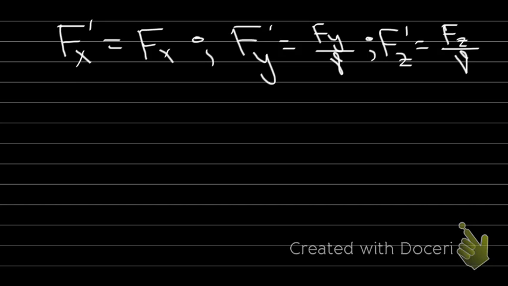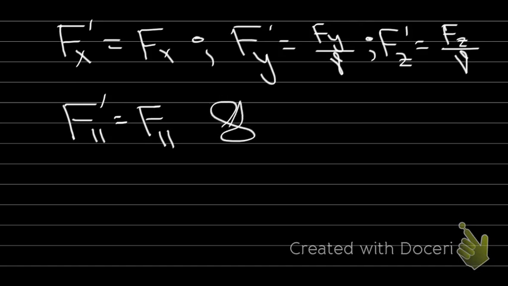Now you can see that the parallel components of your f prime are simply equal to the untransformed parallel components of f, and the perpendicular components of your f prime are equal to 1 over gamma times f prime, the perpendicular components again.